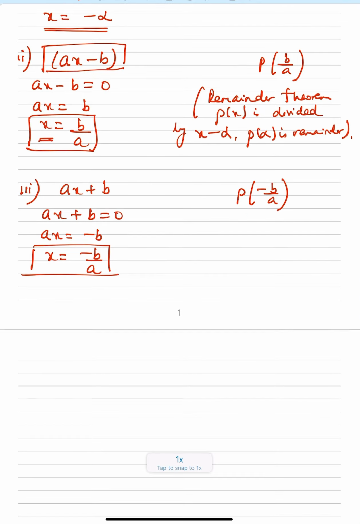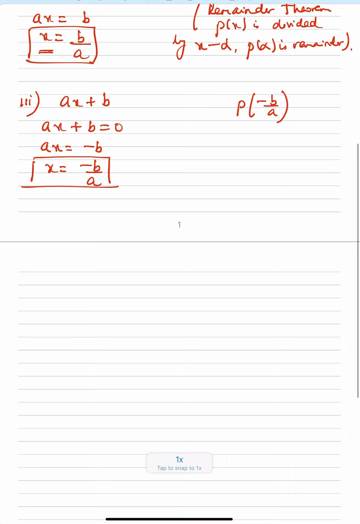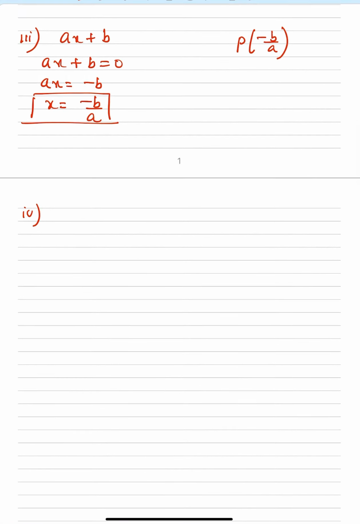Got it? Now the fourth condition, that is if a polynomial is divided by b minus ax, then what will we do? B minus ax is equal to 0, b is equal to ax, so b upon a is equal to x.